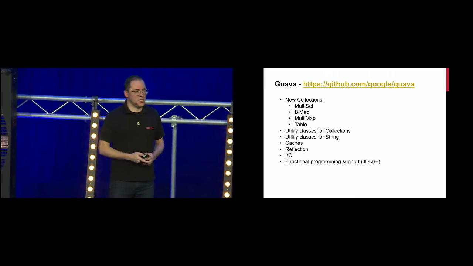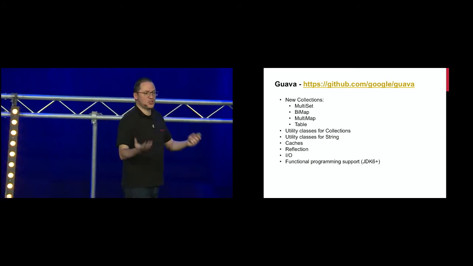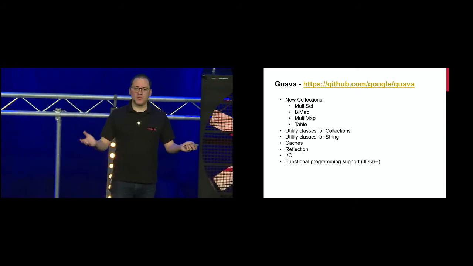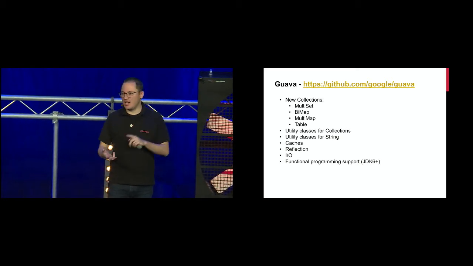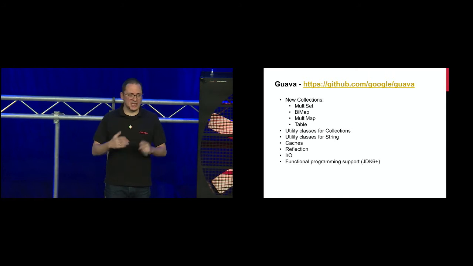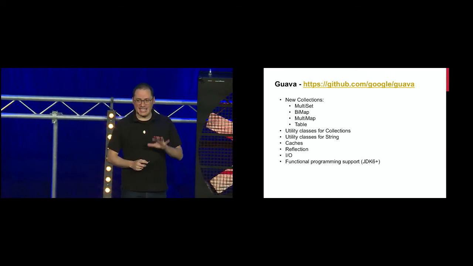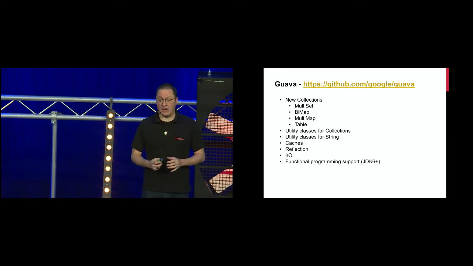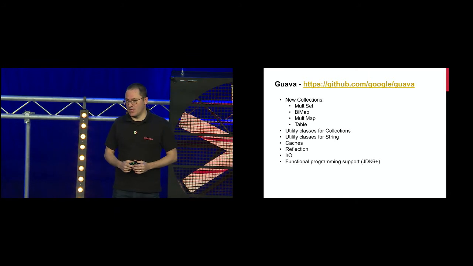We also get new constructs that allow you to do functional programming. This is before Java 8, because in Java 8, we got lambda expressions, and the consumer, supplier, optionals, and whatnot. So if you're still running JDK 7 or earlier, then Google Guava will be a good thing to have in your project.